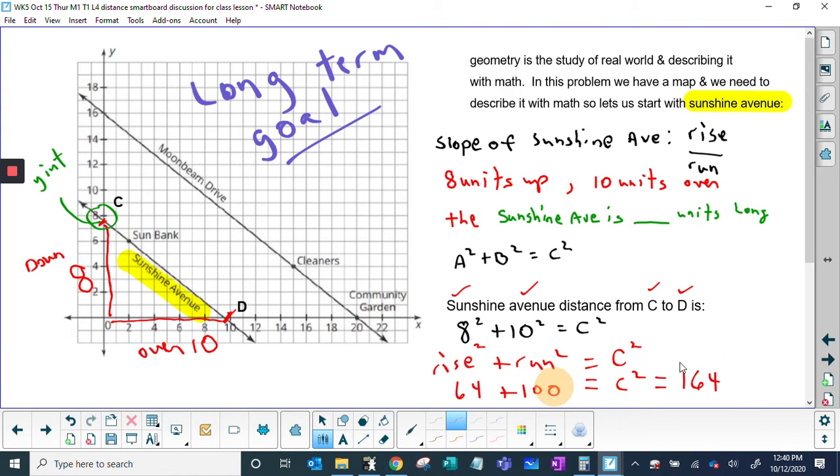And then we're going to learn to use our calculators to find the actual length of Sunshine Avenue by taking the square root of both sides. In this case, if we used a calculator, it would be about 12.8.